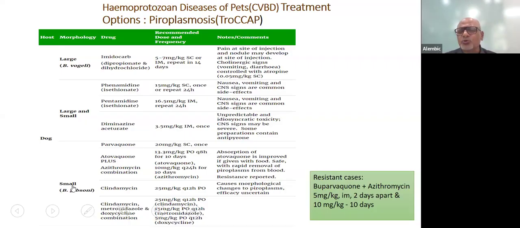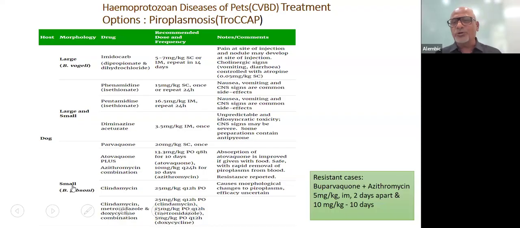That means the total dose becomes almost 40 milligram, not 50, for 10 days. Azithromycin has to be given at 10 milligram per kg body weight once a day, also for 10 days.